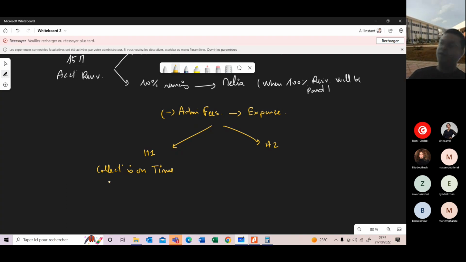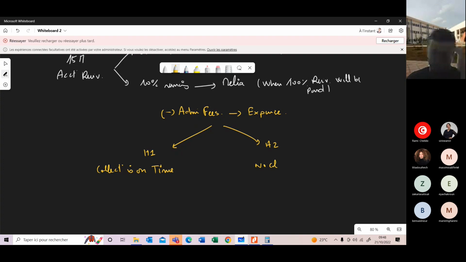Honestly, this is on time because we record when the factor is receiving the money from the customers on time. At that date, particularly, we record the administration fees. The H2 is what?